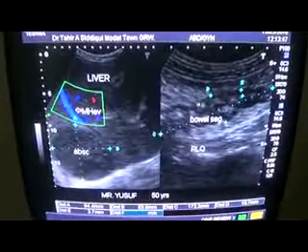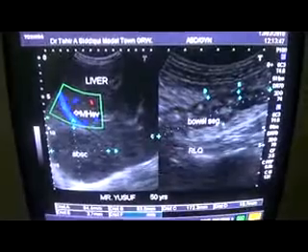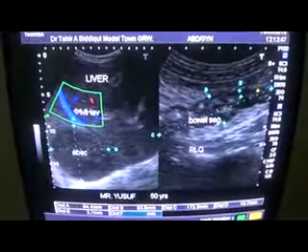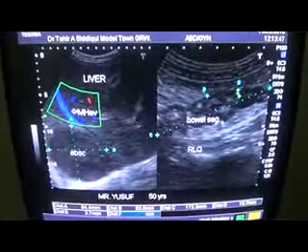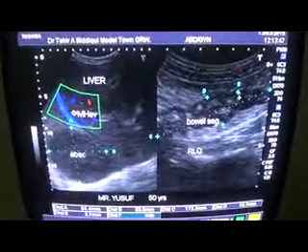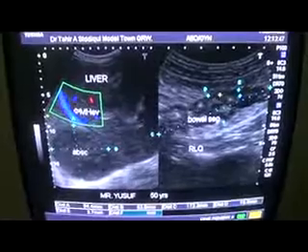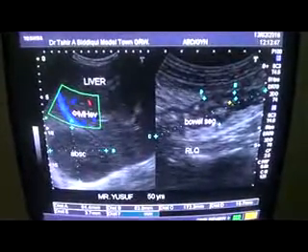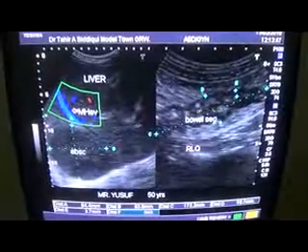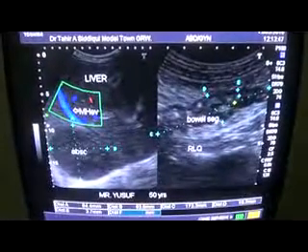This black area is the wall, measuring approximately 3.7. This is the dimension of the wall. It's irregular, and the lumen is collapsed, and a few echogenic particles are seen.